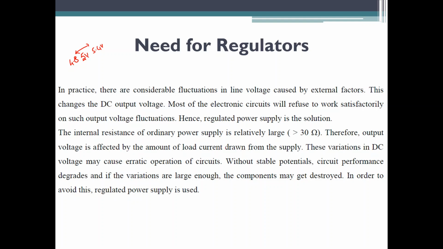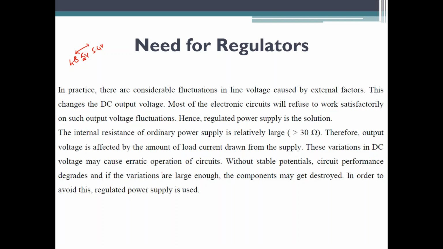So one of the reasons that might affect the constant output DC voltage is the variation of the load current drawn from the supply. This variation in the load or DC voltage may cause erratic operation of the devices or of the circuits. Without stable potentials, circuit performance degrades, and if the variations are large enough, the components might get destroyed. In order to avoid this, regulated power supplies should be used.